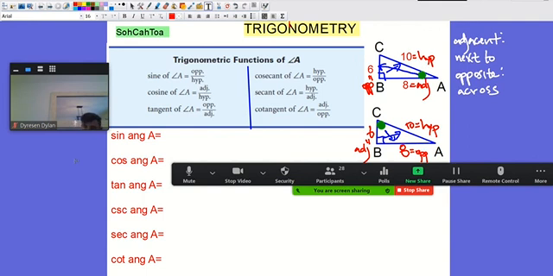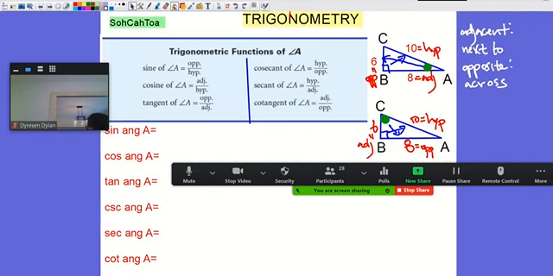Since we're talking about angle A, all of these are angle A, and we're talking about this triangle right over here in yellow. So we're using this triangle right here. Now, this is very easy.